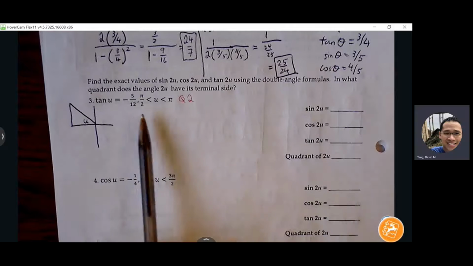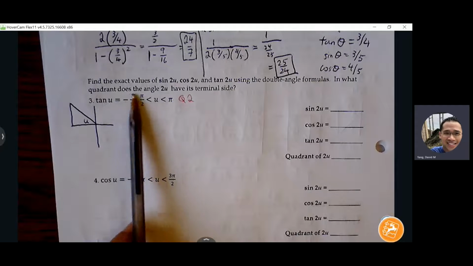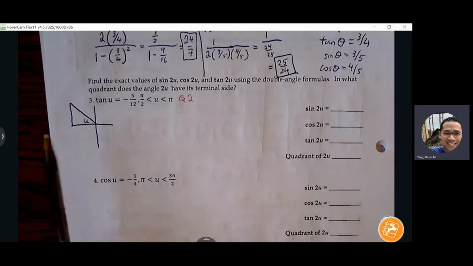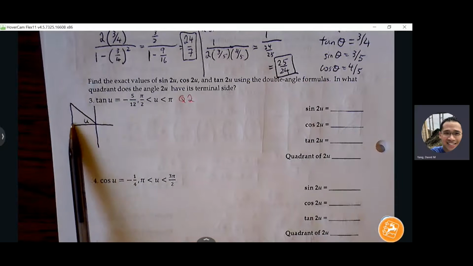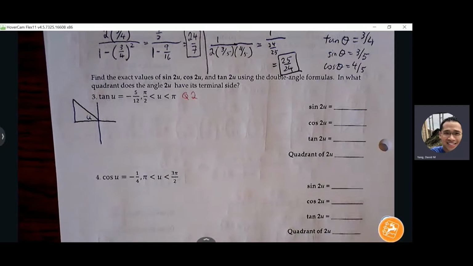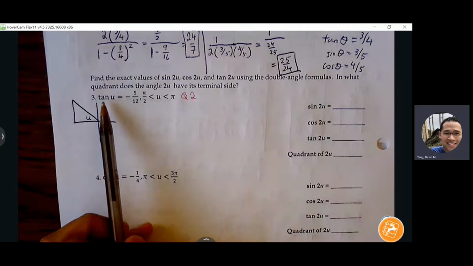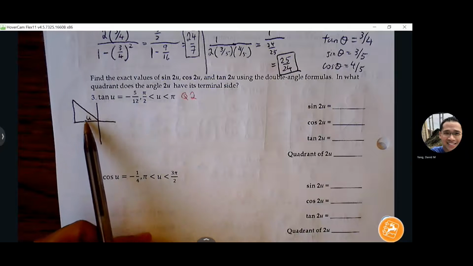All right, careful with the negative, okay? Because they could have had this being -5/12, but we gotta be careful because depending on where we are, we have to make sure that we assign the negative to the correct side. Okay, so SOHCAHTOA, tangent is opposite over adjacent.